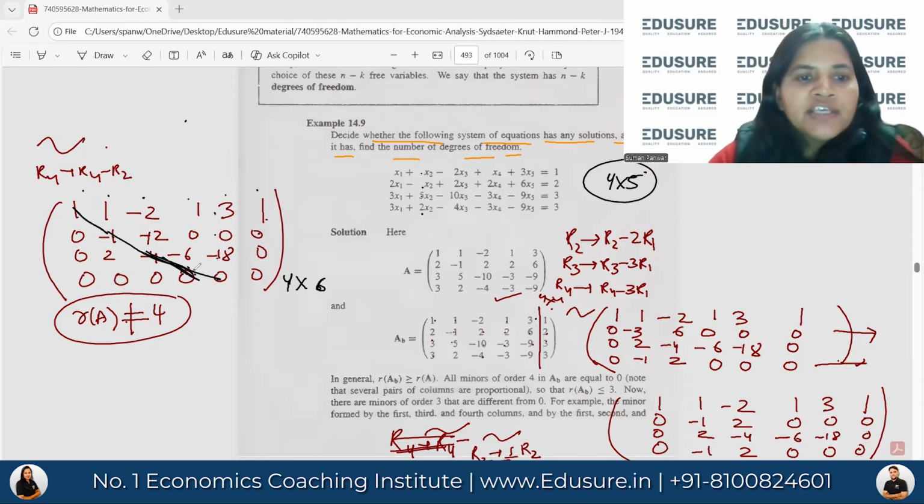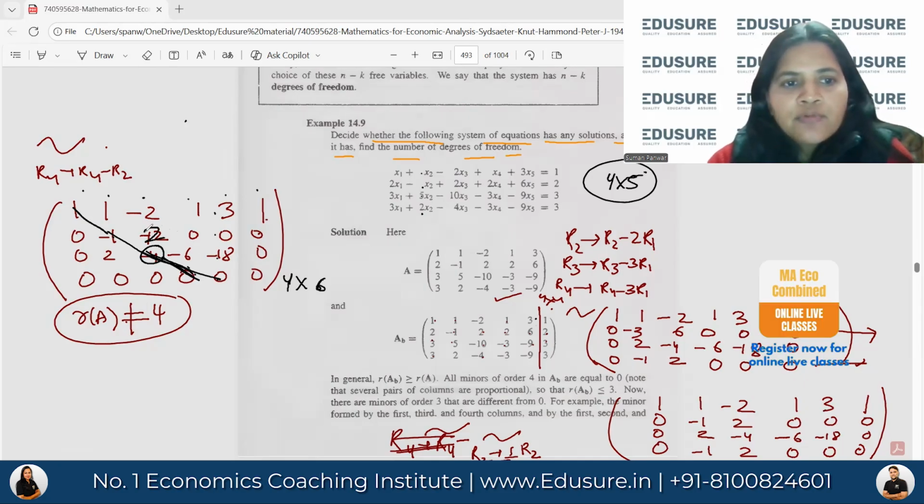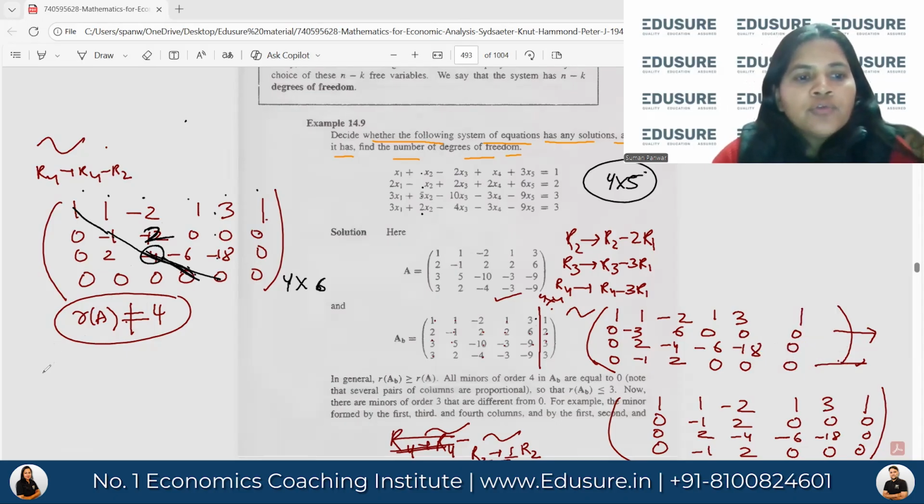Now let us see, I have to convert this particular thing to 0. So this is supposed to be minus 1, and this is supposed to be 2. Okay. So what you do now, you can make R3 goes to R3 plus 2 times R2.